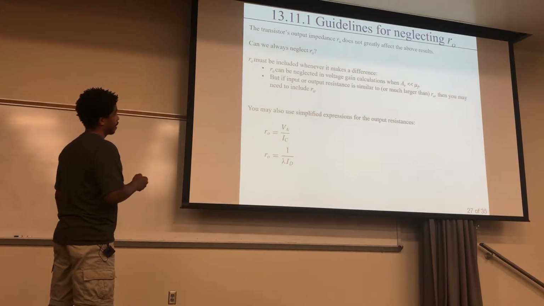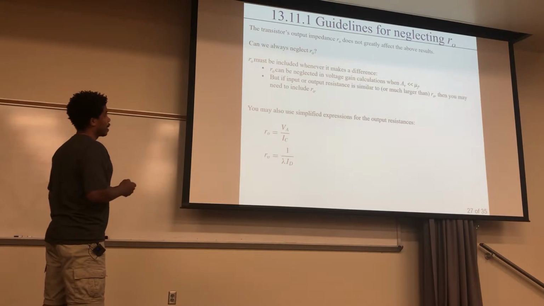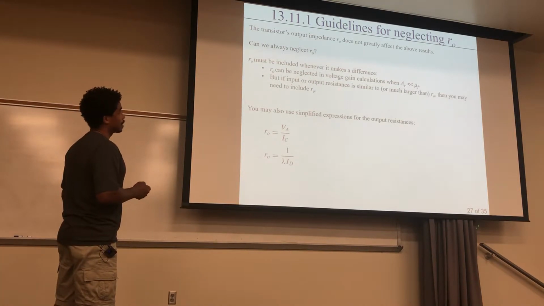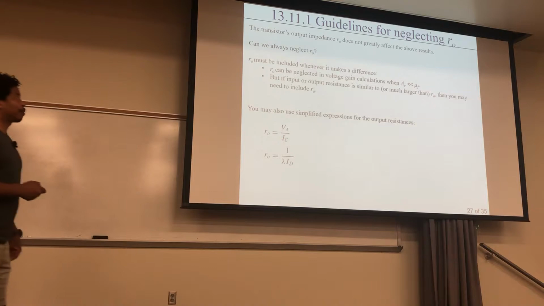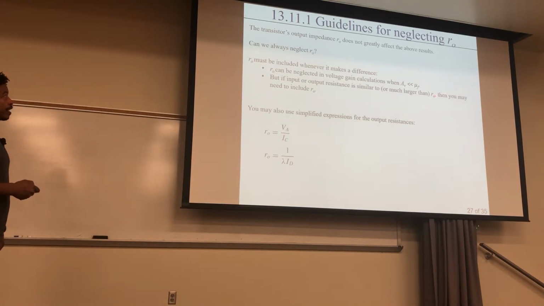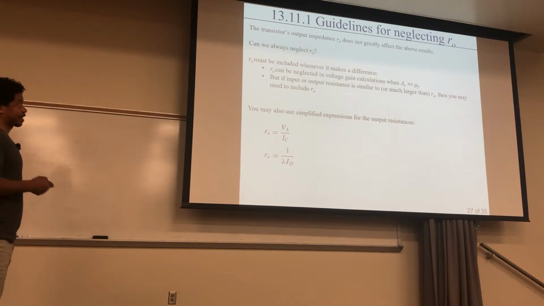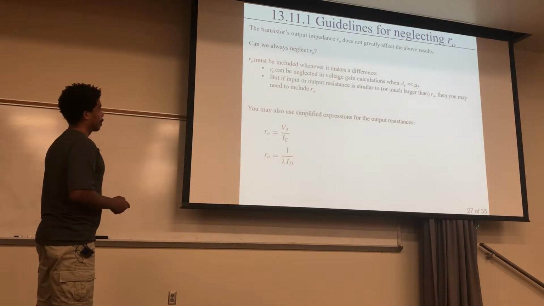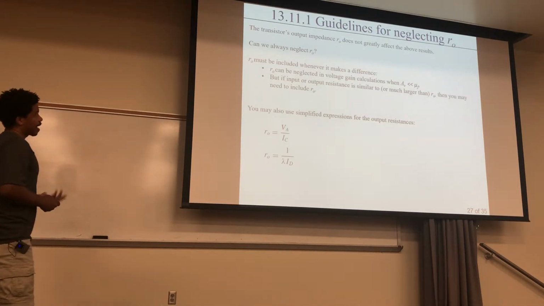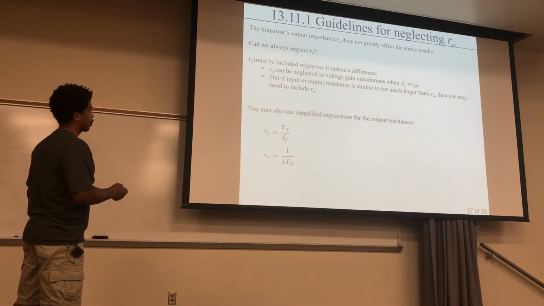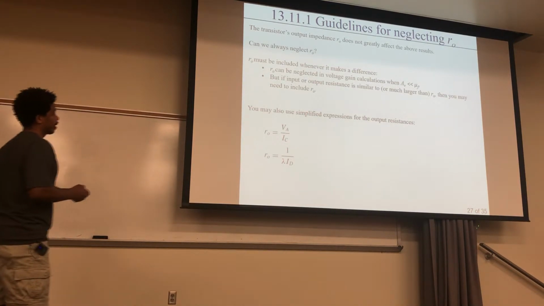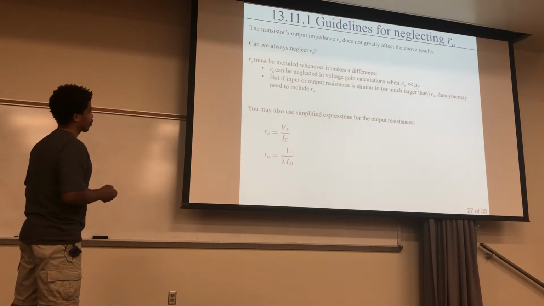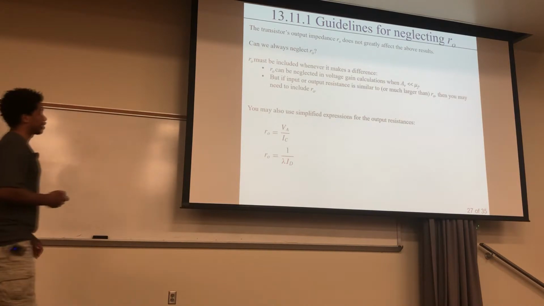If that's the case, then you can always neglect RO. But if your input or output resistance is similar to or much larger than RO, then you may need to include it. The book didn't say that's definite, but it says you may need to include it if you have that case right there. And as for simplifying RO, you can write it either like this, which is the early voltage over the collector current, or 1 over lambda ID right here. A couple of ways you can simplify that.